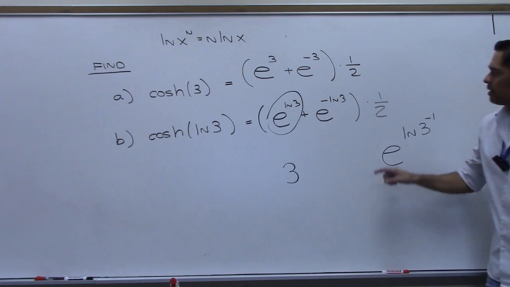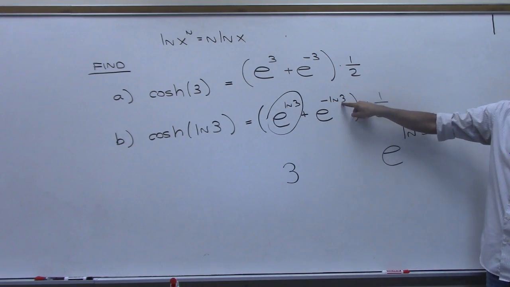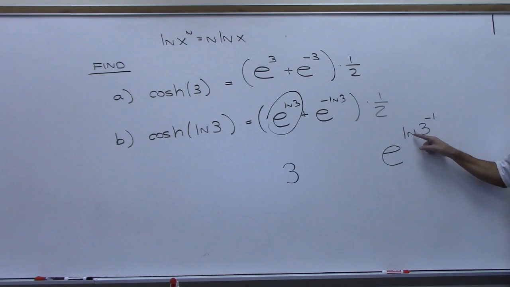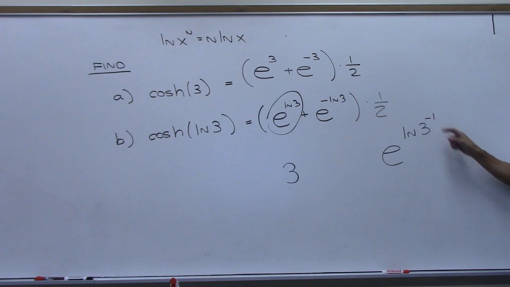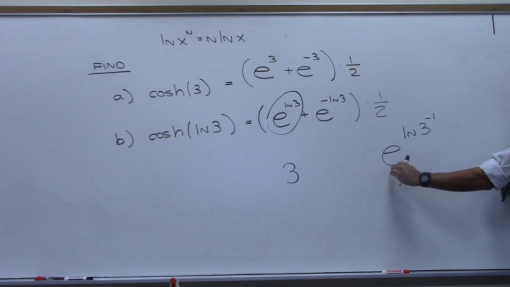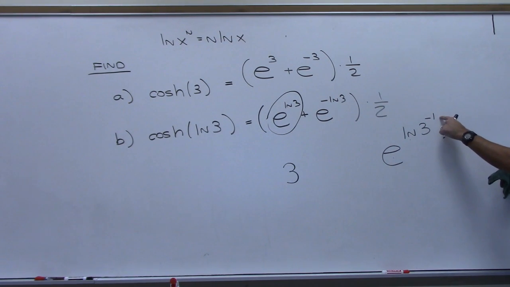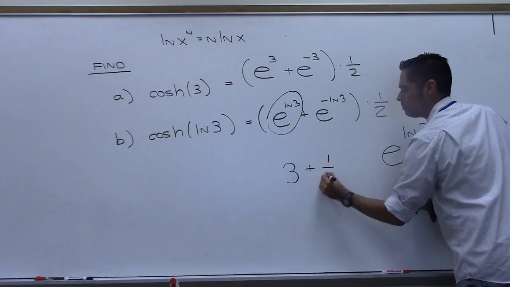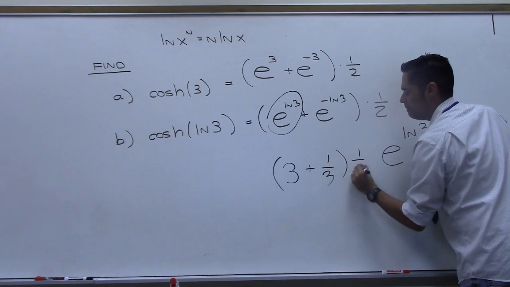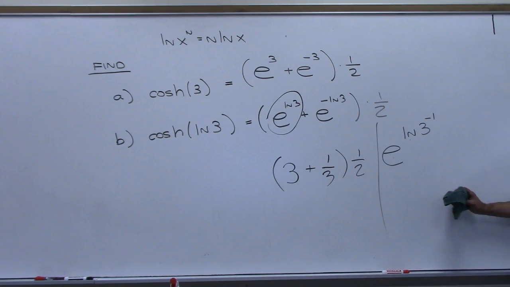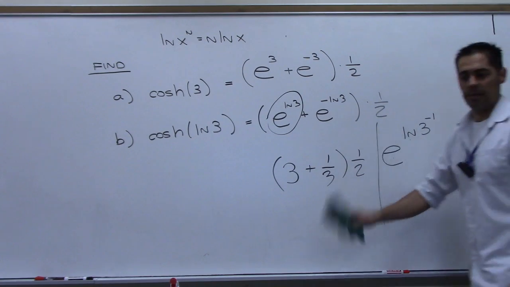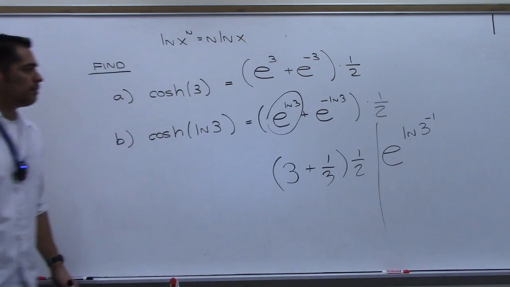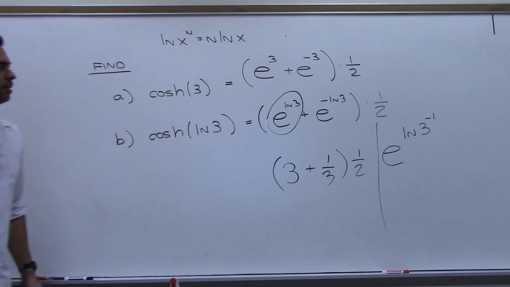So I can take this -1 in front of the natural log and push it up to make it 3 to the -1. Then e and natural log kill each other off, and you're left with 3 to the -1, which is 1/3. So this right here should be plus 1/3, and then times a half. I don't know if that's what you were referring to, but that's the correct way. Questions on that?